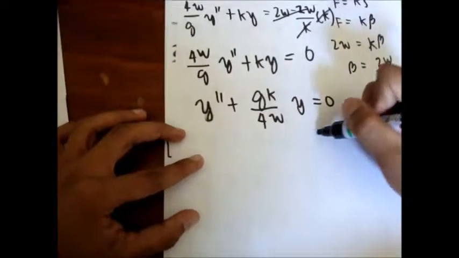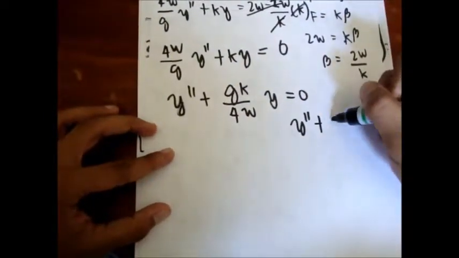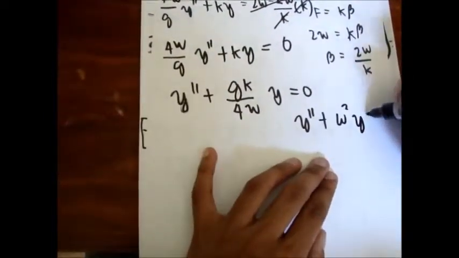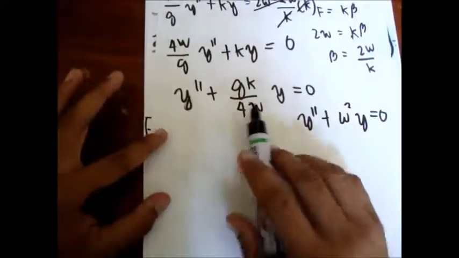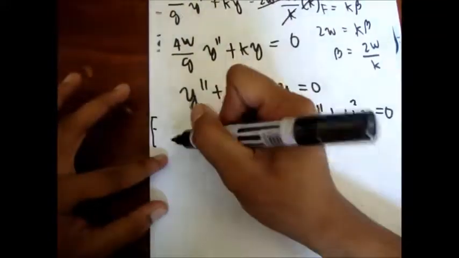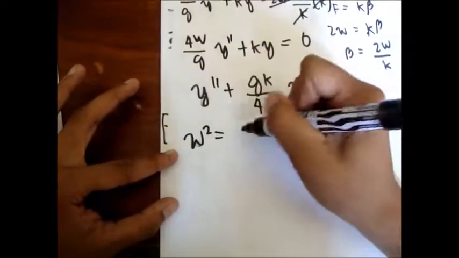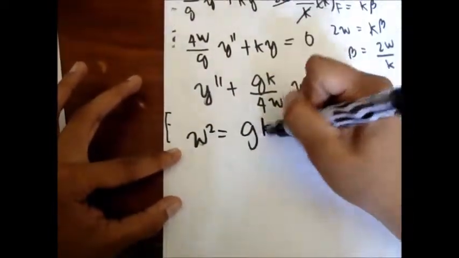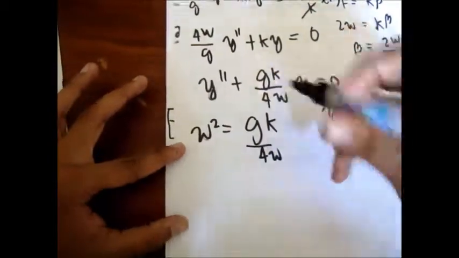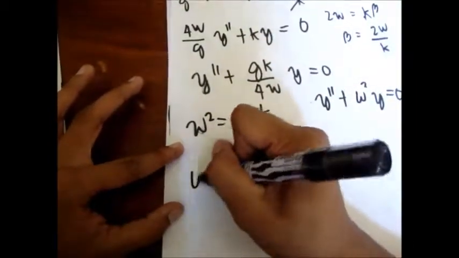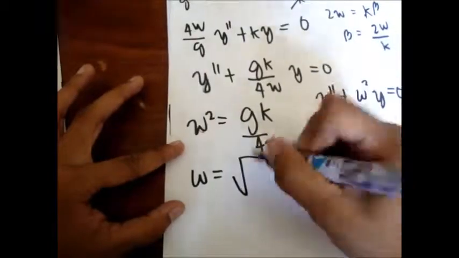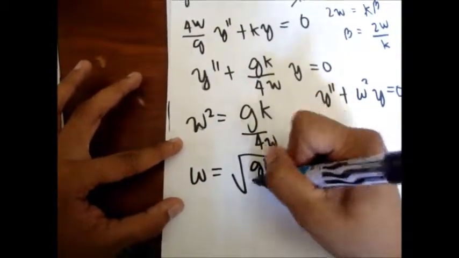From our equation, we have y double prime plus omega squared y equals 0. So we will solve for our omega, where omega squared equals gk over 4w. To get our omega, we have the square root of gk over 4w.